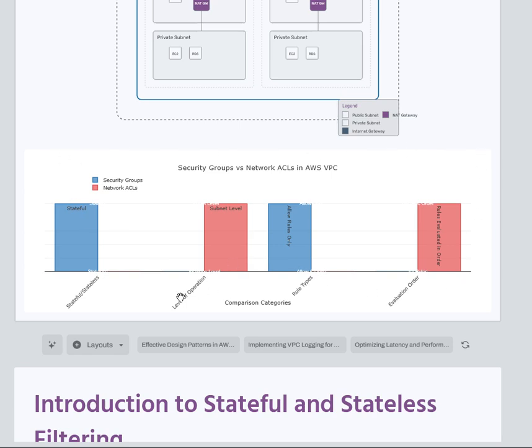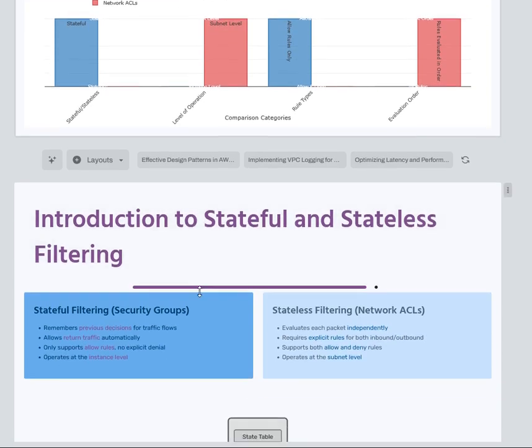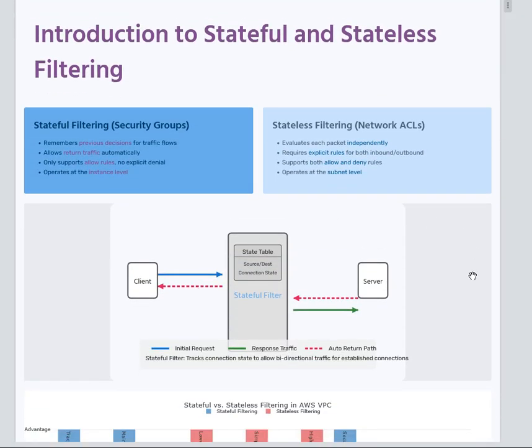Before I explain this graph, I'm just going to go to the next slide and come back. Like in Azure, you have NSGs, network security groups. Here in AWS, you have two different types of security controlling mechanism. They are called security groups, and the other one is called network ACLs, right?